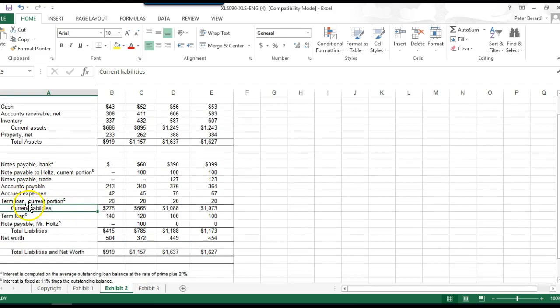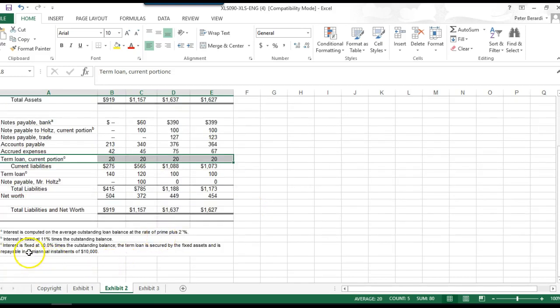Keep in mind these areas here, term loan, current portion, that's going to stay constant. That doesn't have a relationship to sales. As sales go up, your term loan isn't going to change. And they tell you that interest is fixed at 10% times the outstanding balance.